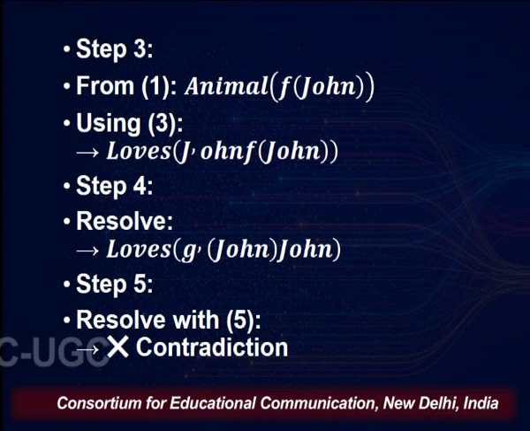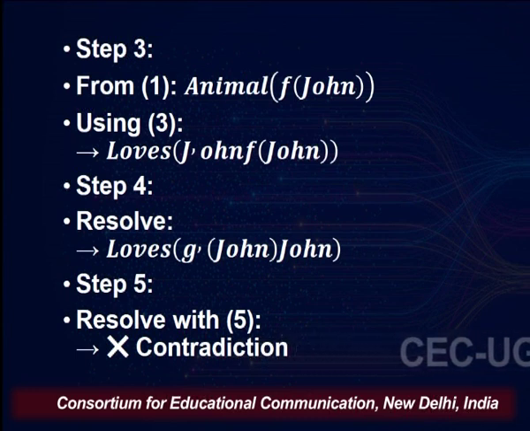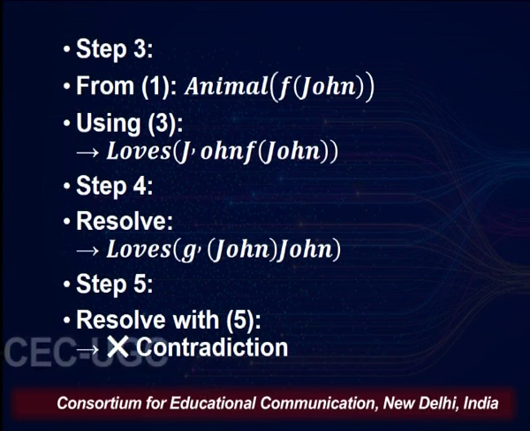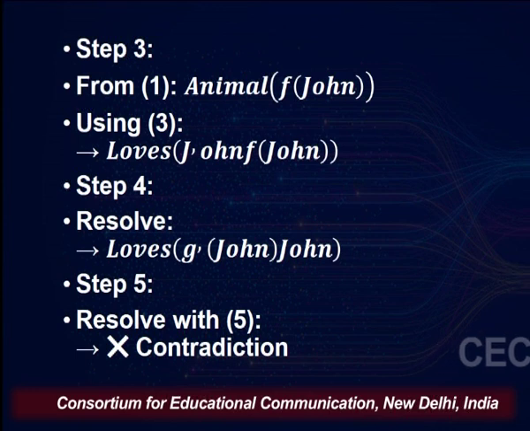Now, moving forward, we take animal(f(John)) and the third statement, which says loves(John, f(John)). We resolve them and we get loves(g(John), John), and when we resolve this result with the fifth one, we come to an empty clause. The empty clause is a contradiction.